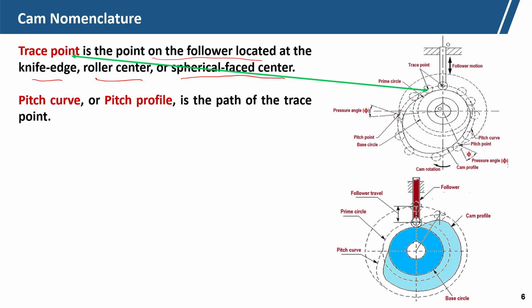Pitch curve or pitch profile is the path of the trace point. We can get the trace point from different locations, and the entire path of the trace point is the pitch curve.